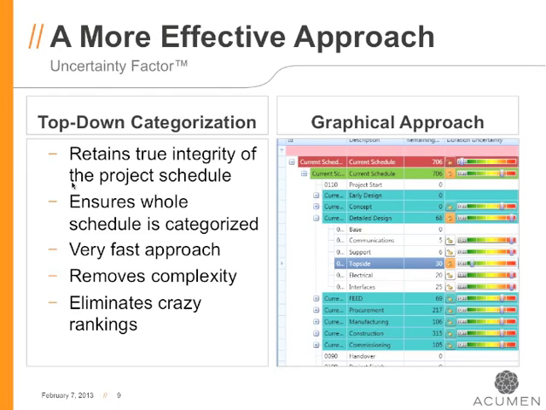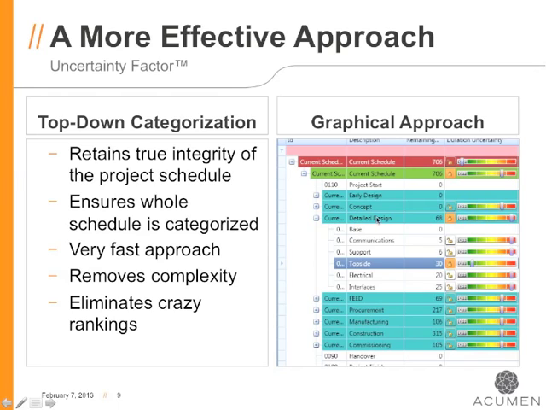So the idea is that, yes, you are still ranking activities with regards to uncertainty, but the difference is you're doing that by grouping activities, and it's a top-down grouping. So on the slide here, you can see an example where we've got a schedule broken out into early design, concept, detailed design, feed, procurement, so on and so forth.